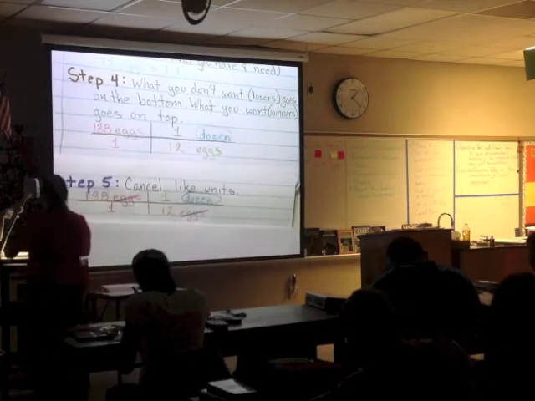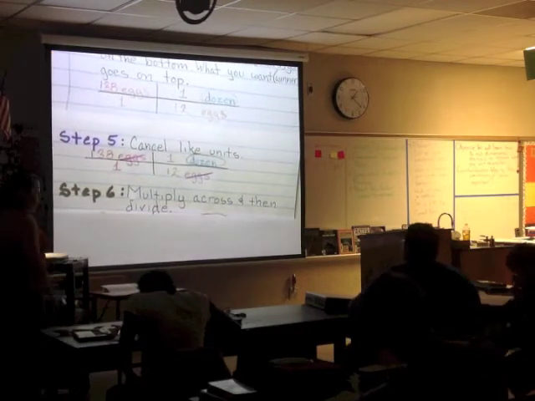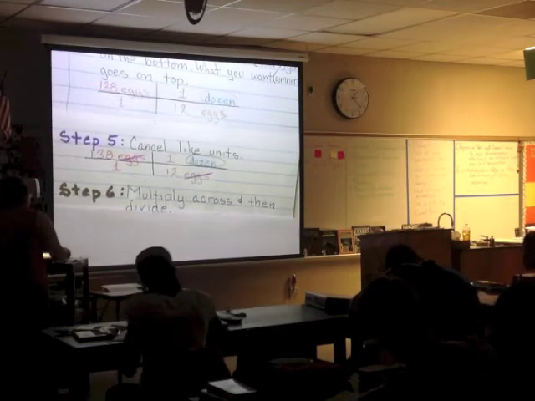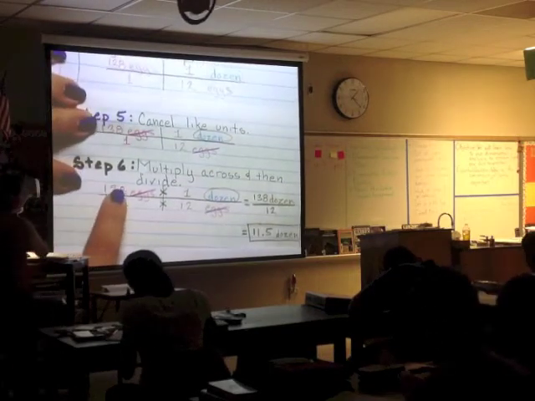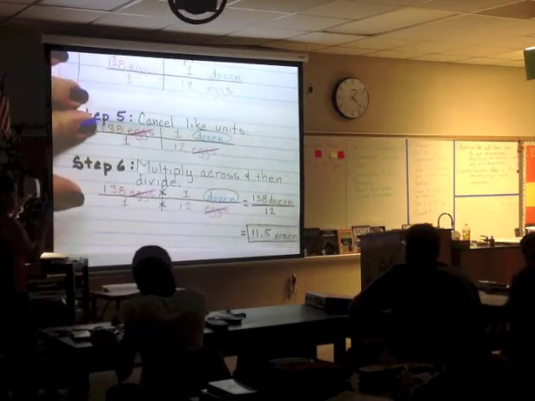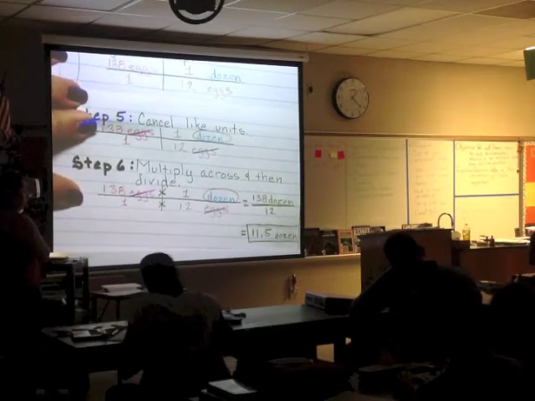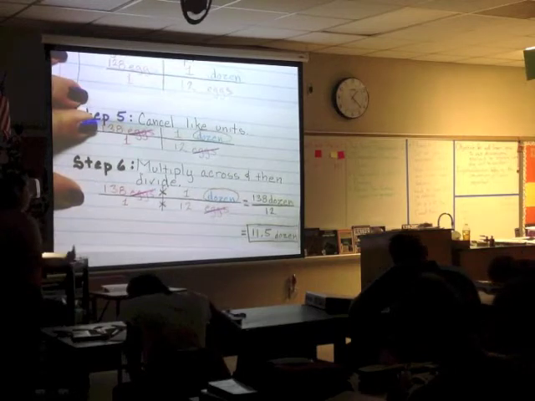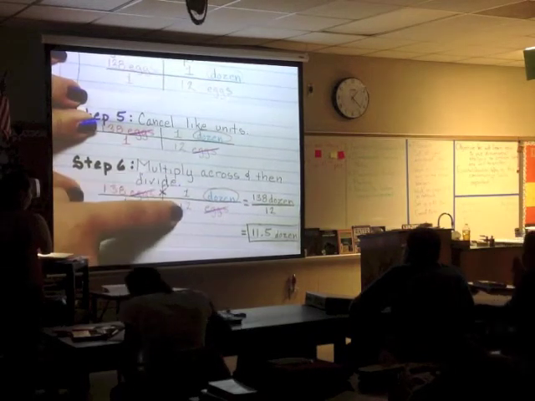Alright, step 6, and the last step. Multiply, cross, and then divide. So here I had my first step, 138 eggs over 1. My second step, I wrote dozen. My third step, I had my conversion, and used my conversion for my next step, which is winners over losers, 1 over 12 eggs.